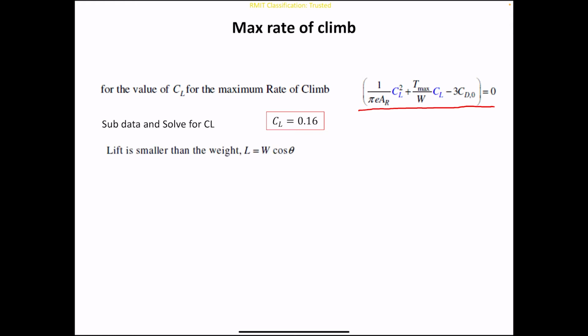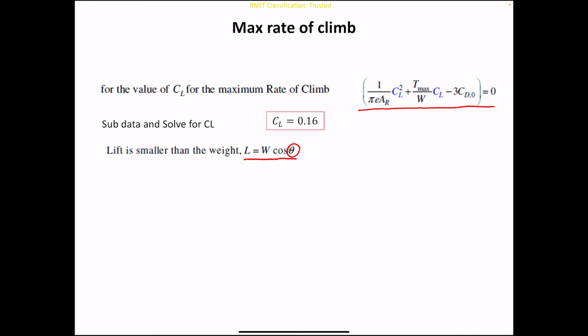Now we make a little assumption. We know that in climb, lift is less than weight, but it will bring an additional unknown into the picture. We don't know the angle of climb, and we don't know the velocity. Two unknowns.